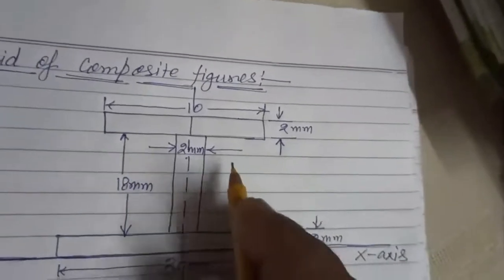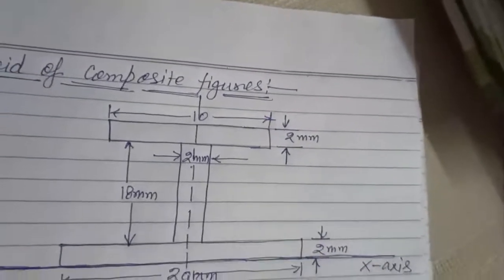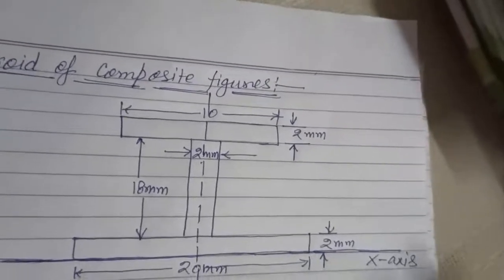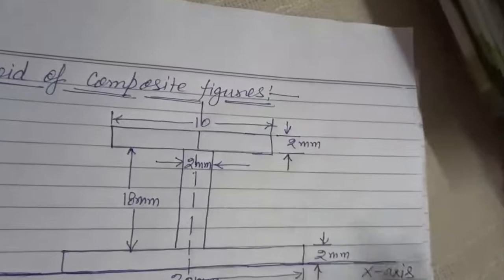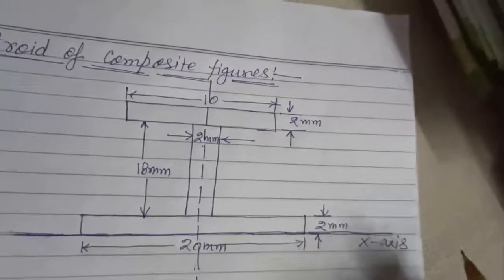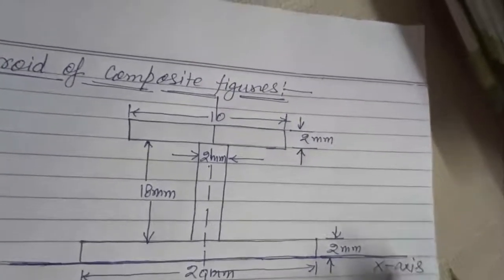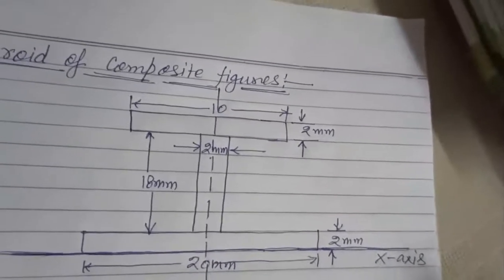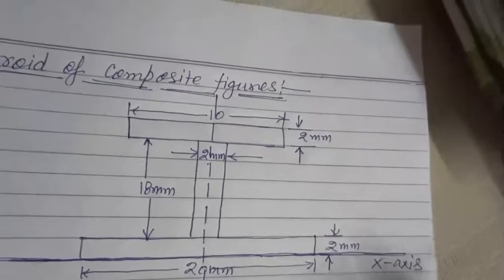This figure can be divided into 3 rectangles, and for each rectangle we know that the centroid is at the midpoint of the sides, that is b by 2 or h by 2.